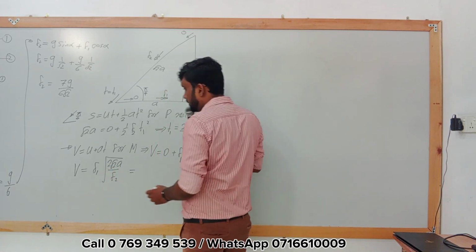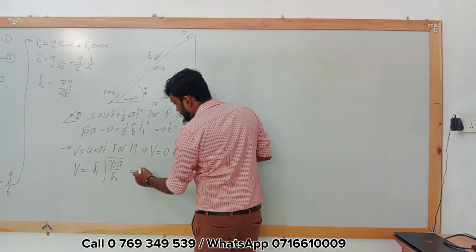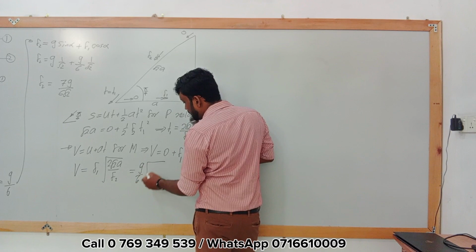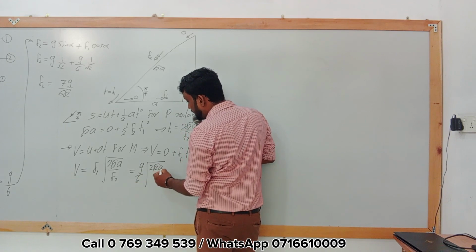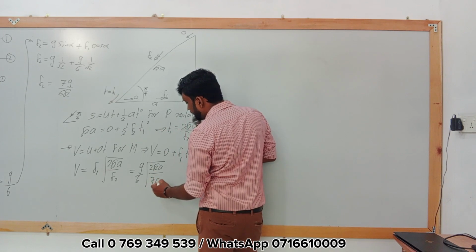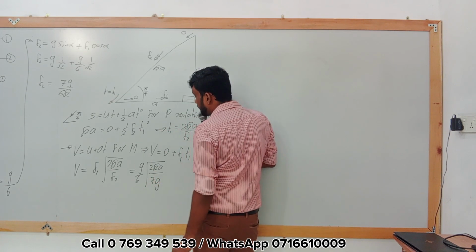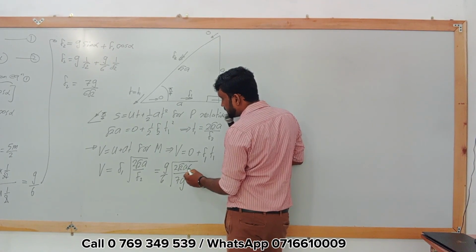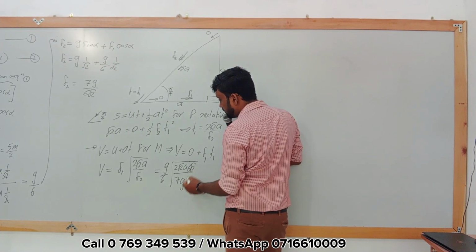What is f1? g divided by 6. 2 root 2a. What is f2? 7g divided by 6 root 2.